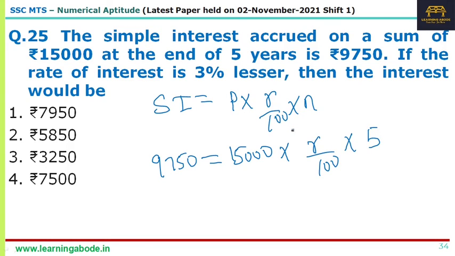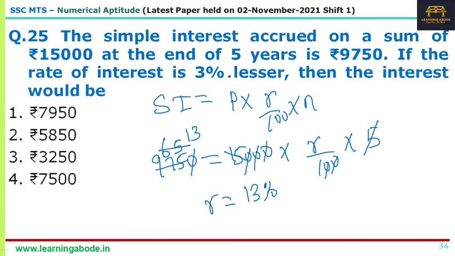Okay, so if you do the calculation, 15, 2 zeros are out, this 0 and this is out. 15, this is like 6 and 5 times, and 5, this is 13. So rate of interest is 13%.